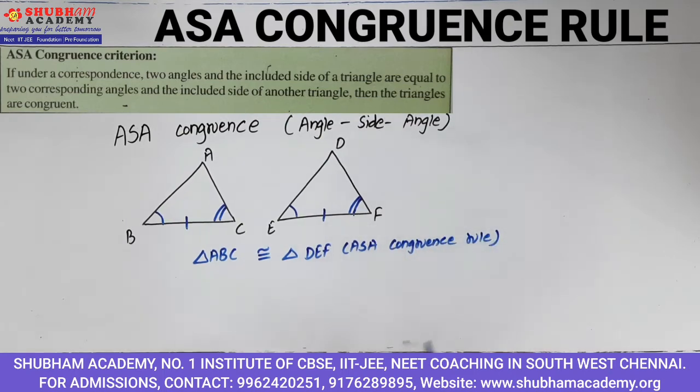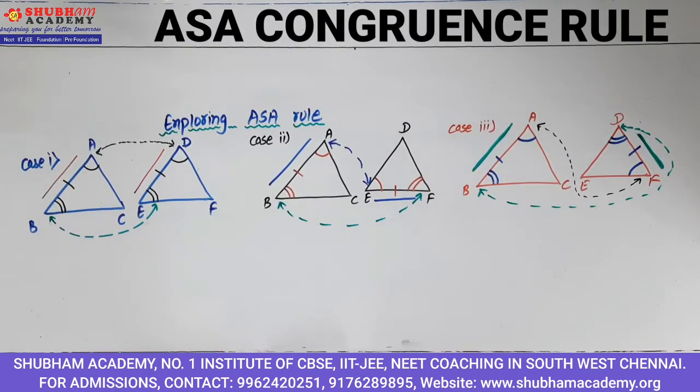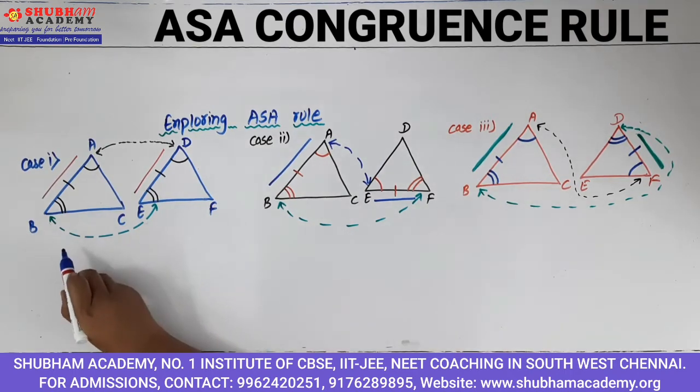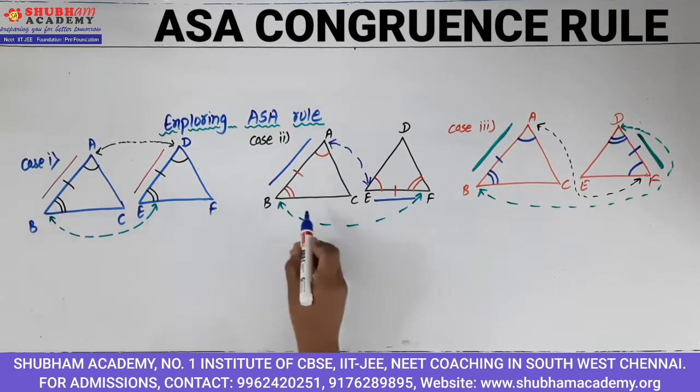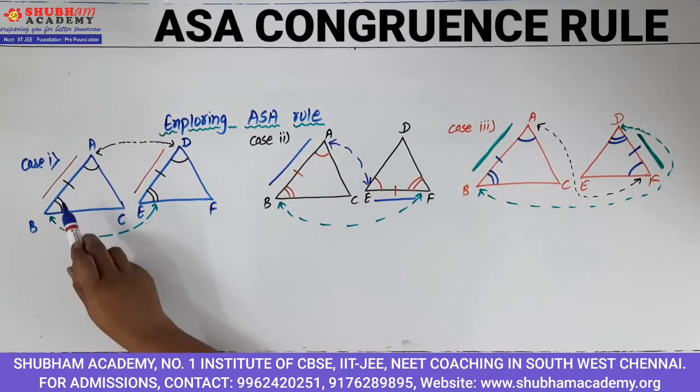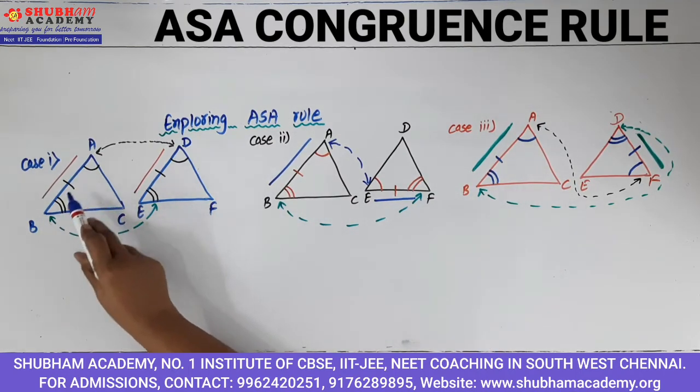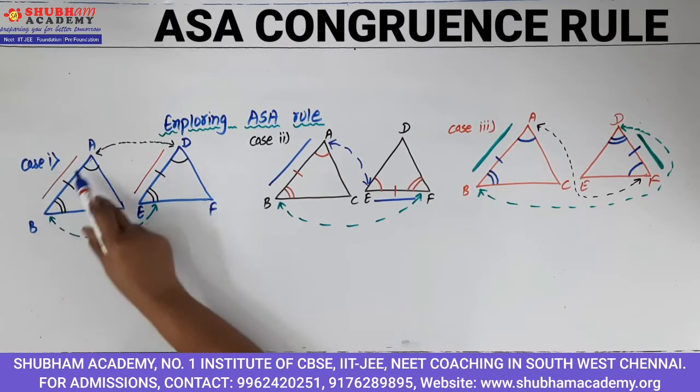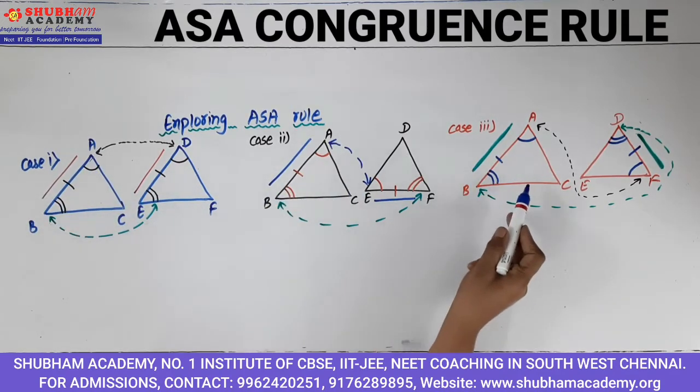We'll try to understand it in a better way. We'll try to explore it further. Now see here children, we are trying to explore ASA rule, that is angle side angle congruence rule. We have three different cases where we have taken the first figure ABC as it is with angle A, angle B and included side AB in all the three cases.